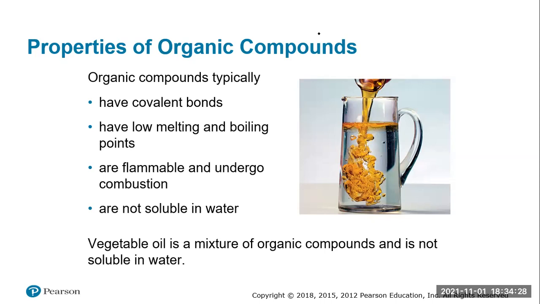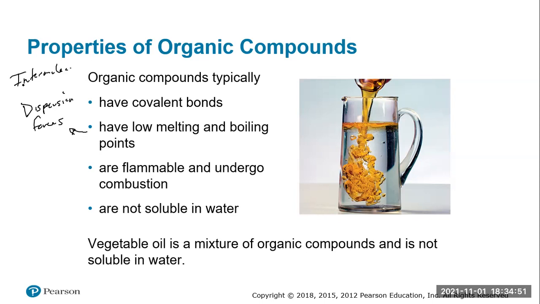Organic compounds typically do have covalent bonds because they're really nonmetals and nonmetals together. They have very low melting points and boiling points because, as we talked about, they are basically using dispersion forces as their intermolecular forces.